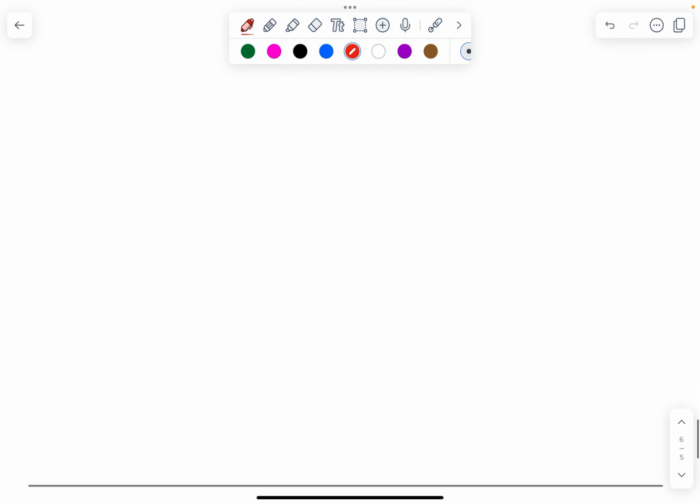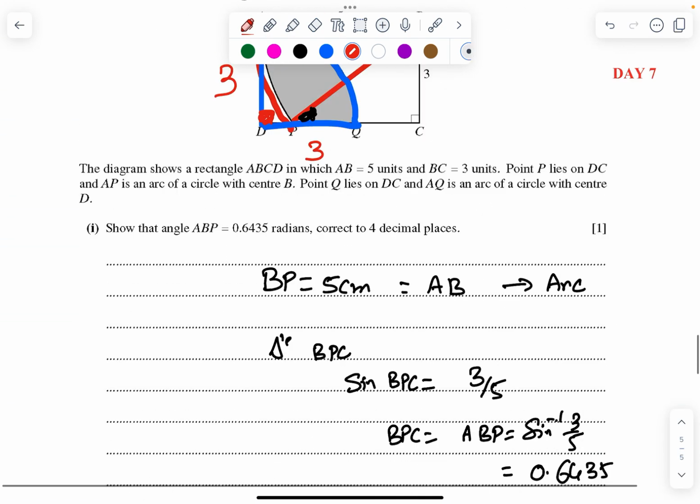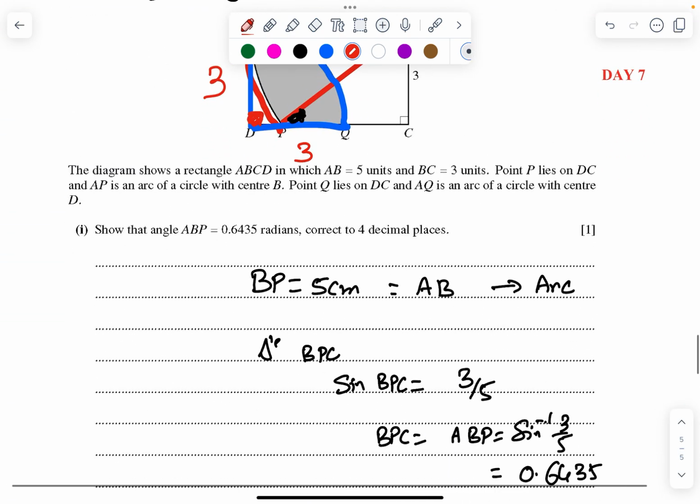Now, finally, what is being asked? Find the area of the shaded region.